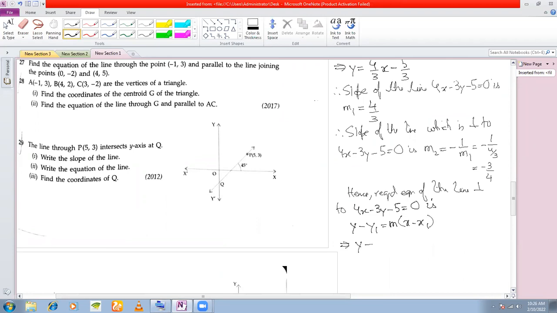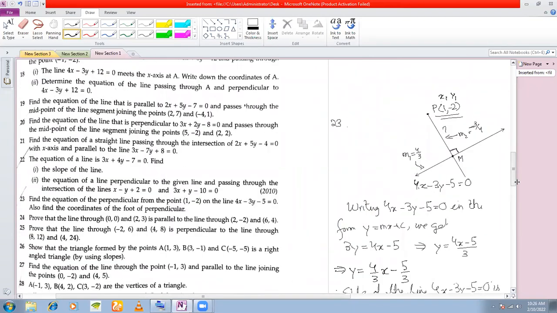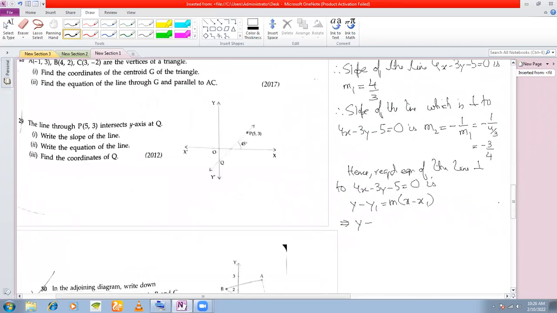Now what is x1, y1? This point is your x1, y1. So x1 is 1 and y1 is minus 2.